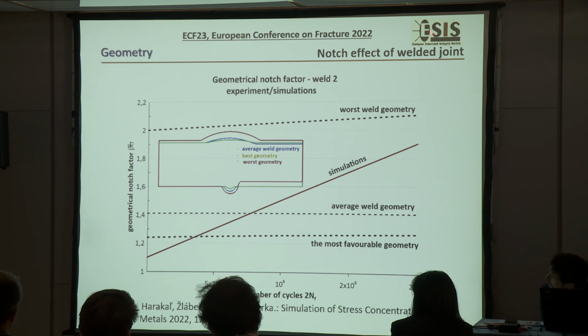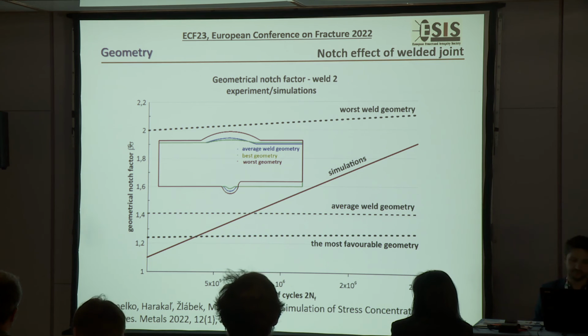This is the worst variation of these geometrical things. This is the best variation in our specimens which we tested. And this is some average. Here is the explanation of what is the worst, best, and average.